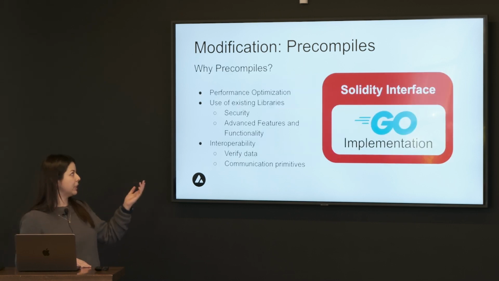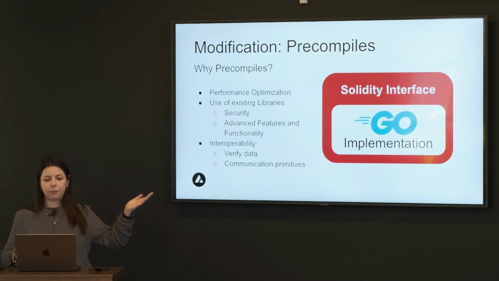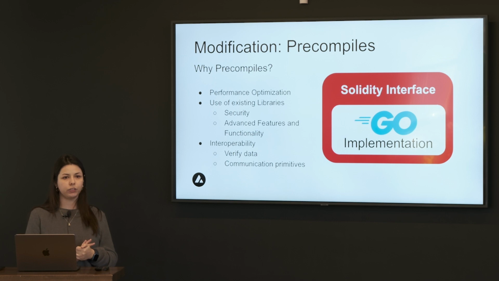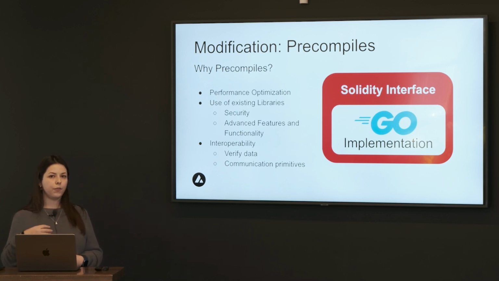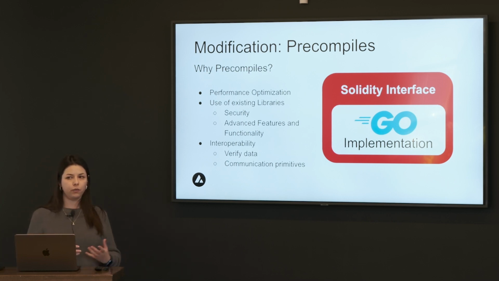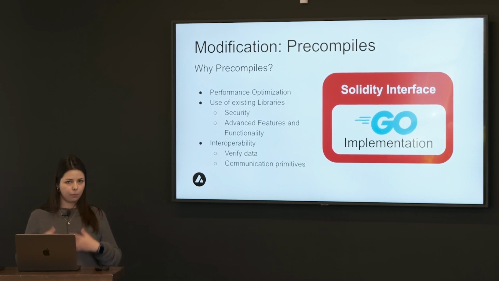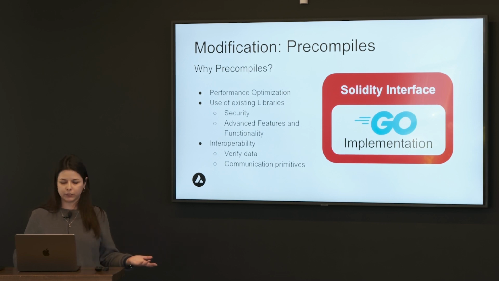So basically, it's about performance optimization: Solidity is not as performant as Go. You can also use existing libraries, which is great for security. And it helps if you want to add special features that you don't want to implement, or struggle to implement, when you can use existing ones.